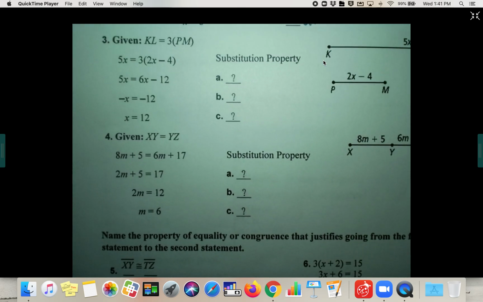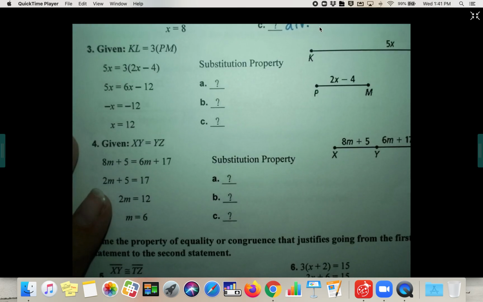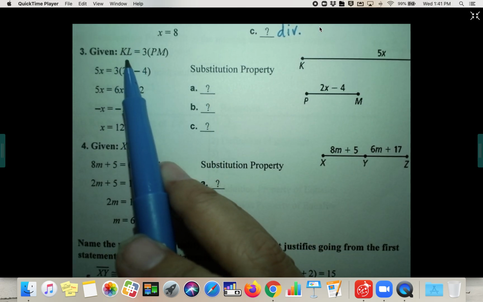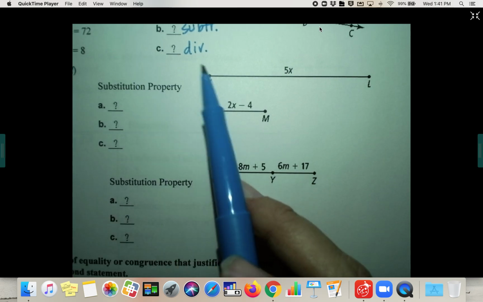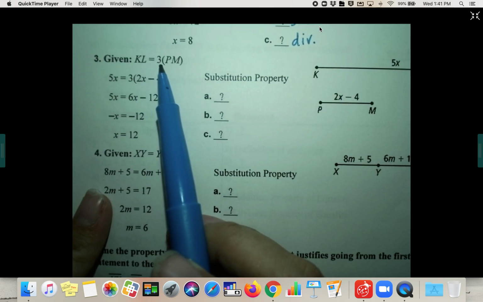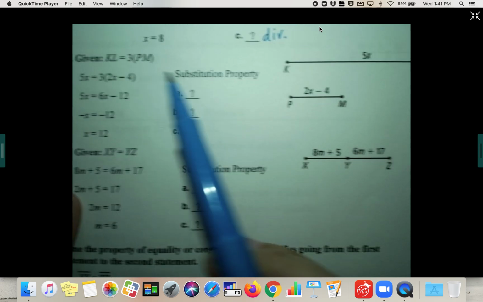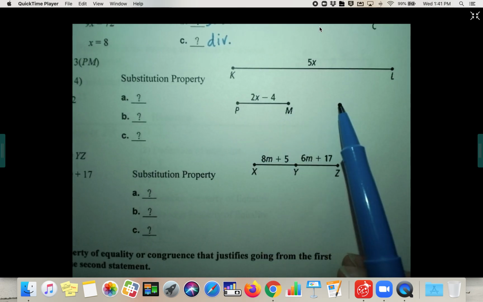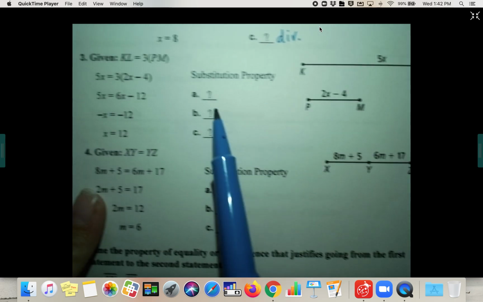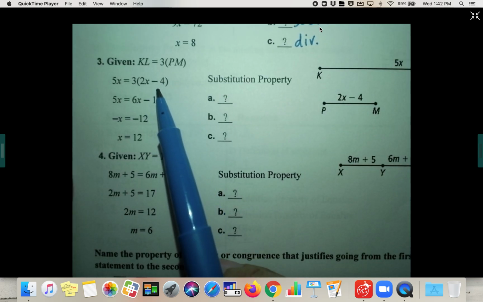Let's check out number 3. Number 3 says KL, and if it doesn't say anything with it, that means the length of KL, the measure from K to L, equals 3 of the lengths of PM. So PM, PM, and PM would equal the same measure as KL. Then they substituted.